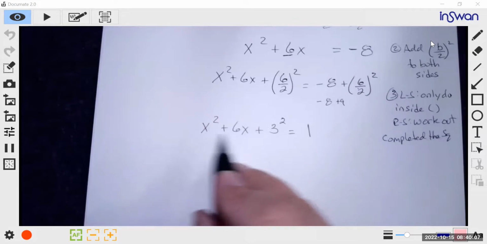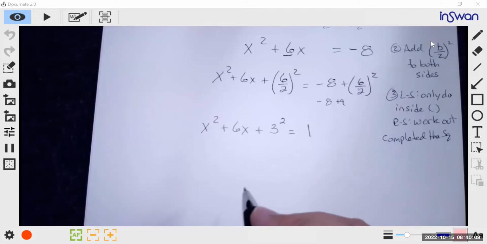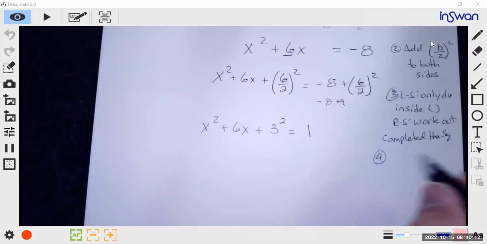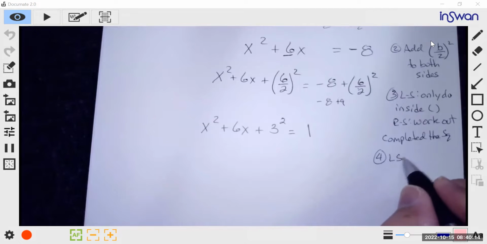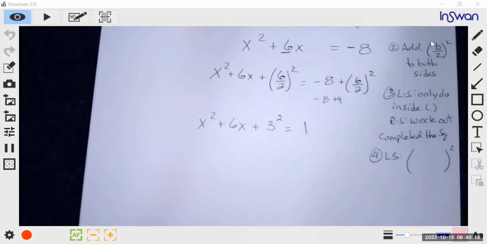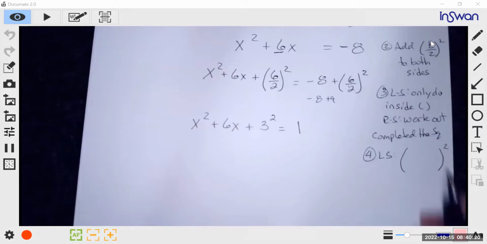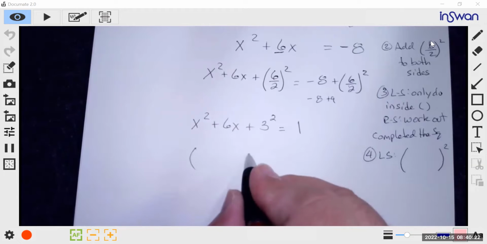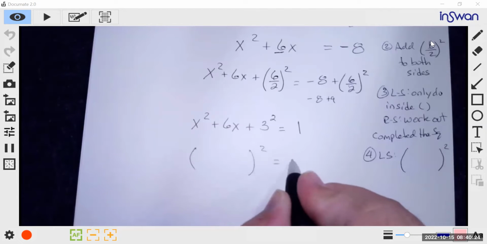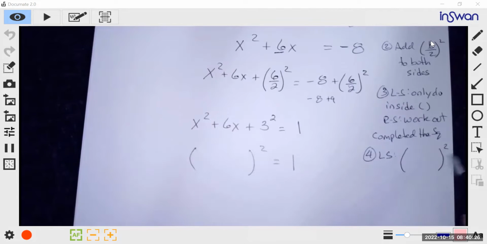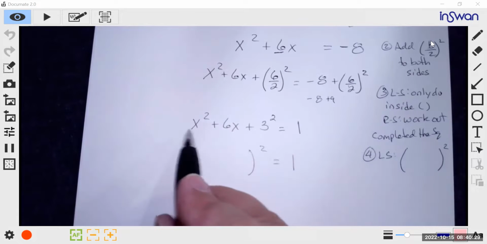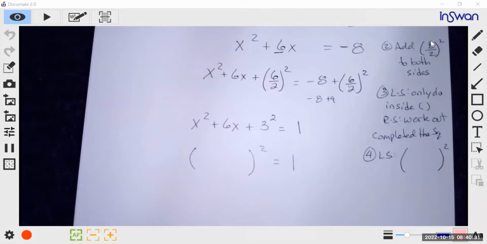Because we set up this equation, for the fourth step, the left side, we're going to put in the parentheses squared. We're going to take this entire equation and cram it in there.